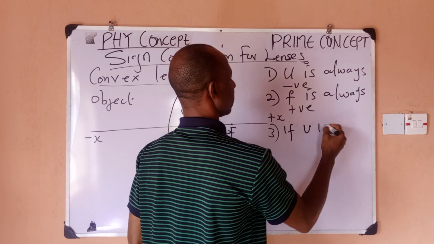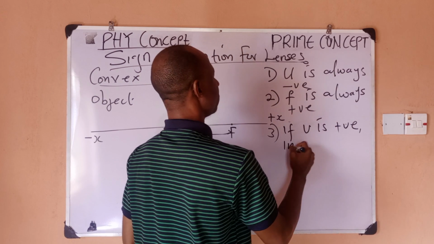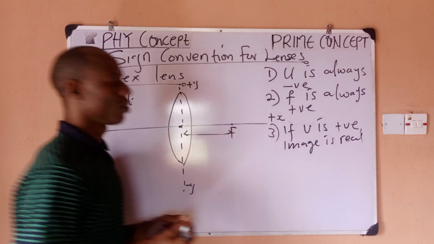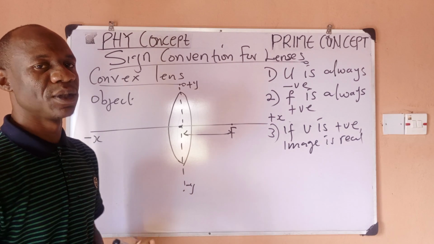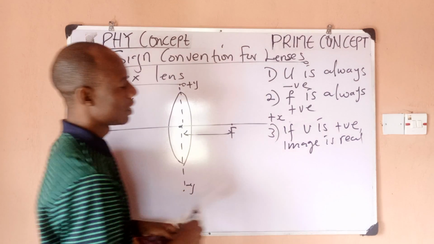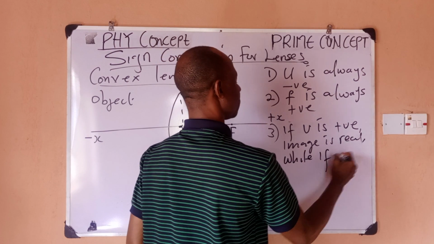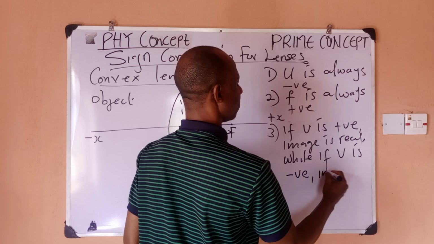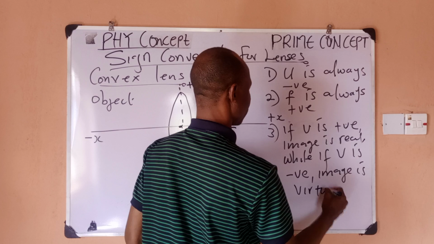If v is positive, image is real. So if your image distance v is positive, you have a real image which is formed on this side. While if v is negative, image is virtual.